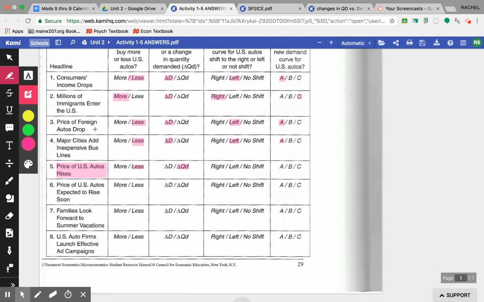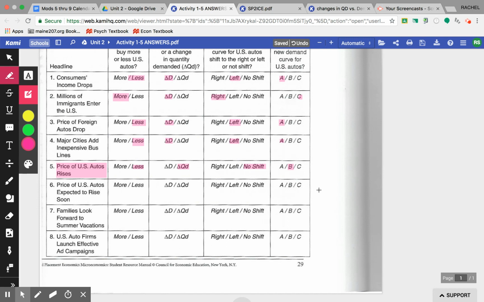That is a factor in which you shift the curve, not movement along the curve. So number 5 is a change in the quantity demanded. Therefore, we're going to have no shift because price does not shift the curve. Therefore, we're going to remain at B.